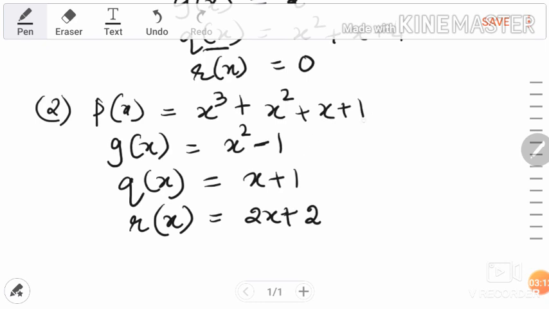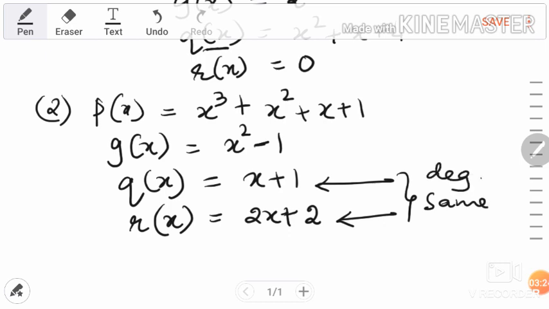So here the degree of quotient polynomial and the remainder polynomial are same. You can check this by long division method, and by trial and error you can write more examples like this one.